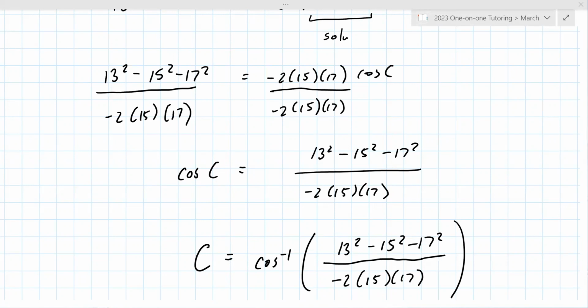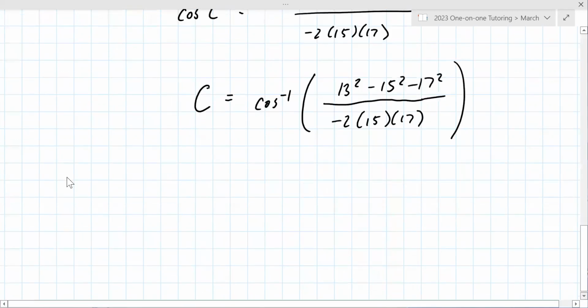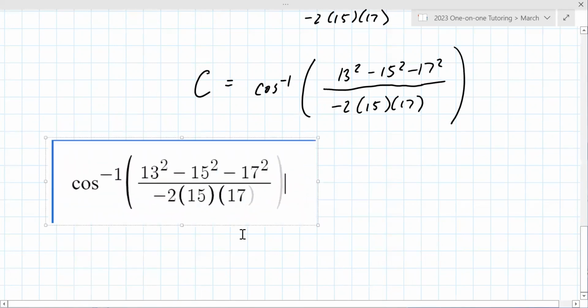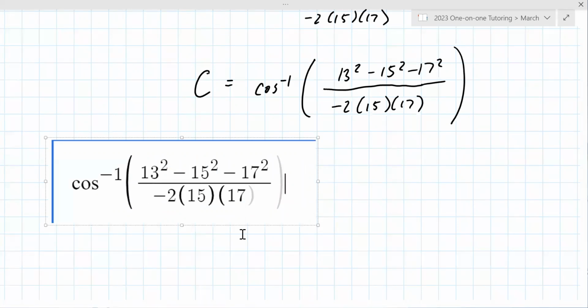Then you typically want to make a fraction bar, which is the division symbol, and have at it with all those. 13 squared minus 15 squared minus 17 squared divided by... so I put the parentheses and then I add the division.